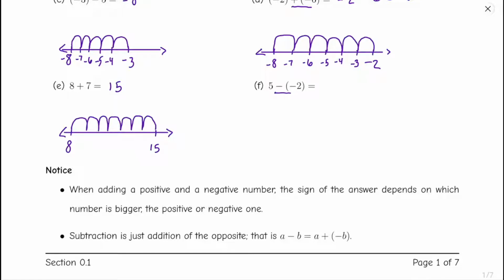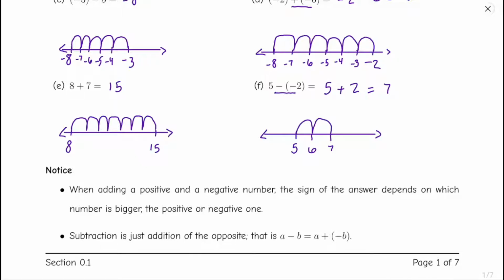F, again, we have a double operation here. So 5 minus -2, that's the same thing as 5 plus 2. So we start at 5, to the right 2. So 5 minus -2 is the same as 7.